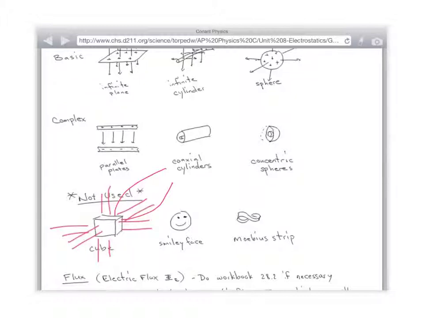Which can be a circle. Or a sphere, I should say. Well, the cylinder and the sphere are both circular based. No, they're not. I was just kidding. The sphere is point-based.